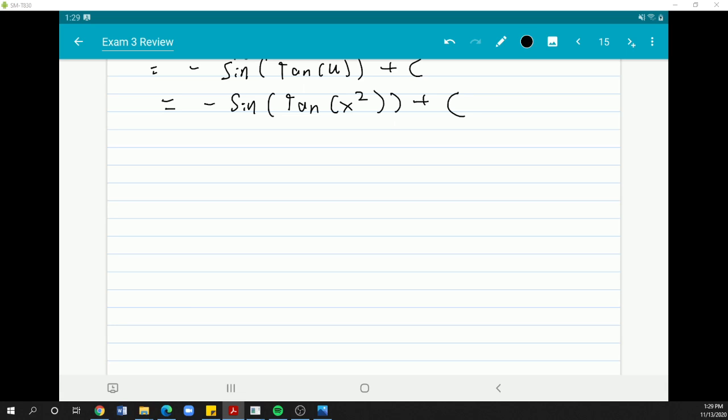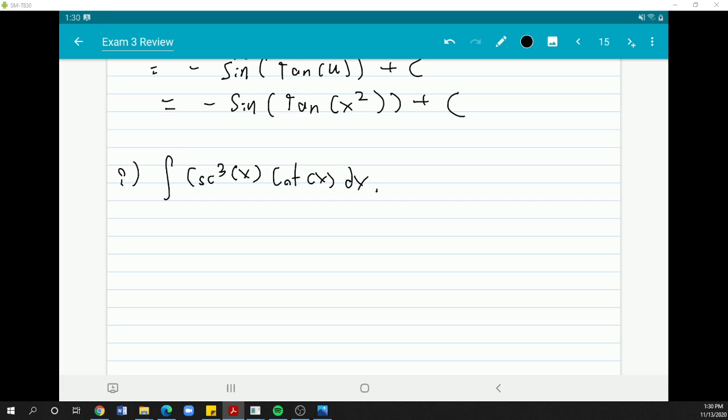Okay. So next up, the last integral. Integrate cosecant cubed x cotangent x dx. So this at first might look a little bit worrying. What's the trick?